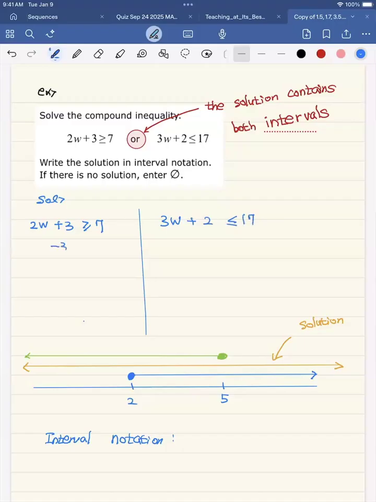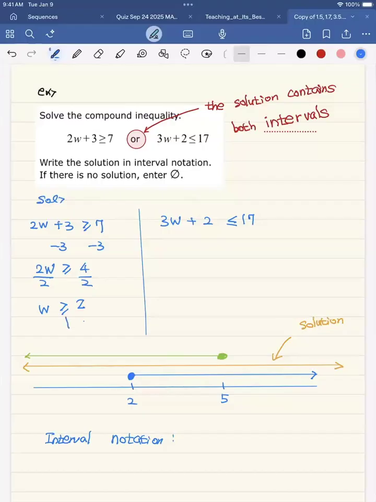We subtract 3 on both sides, then 2w is greater than or equal to 4. And then we divide by 2 on both sides. Then we have w on the left side, and on the right side we have 2. So the solution is w is greater than or equal to 2.